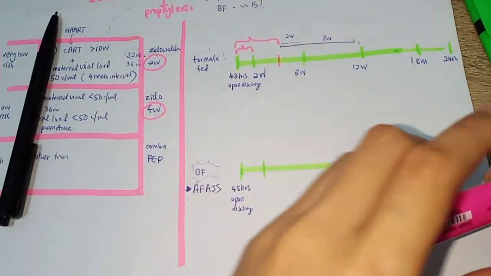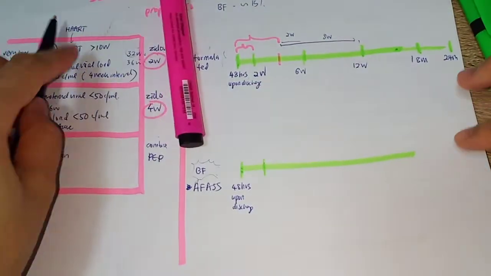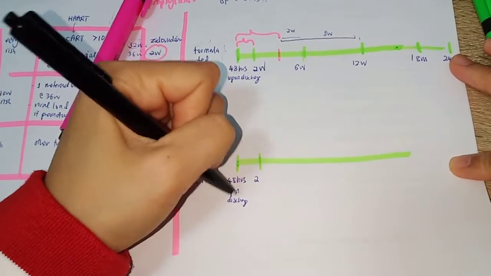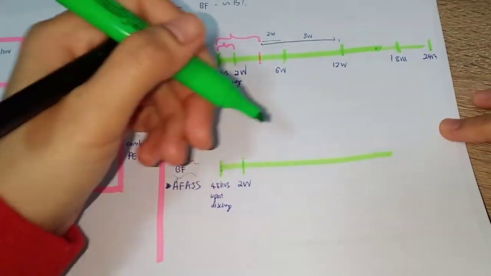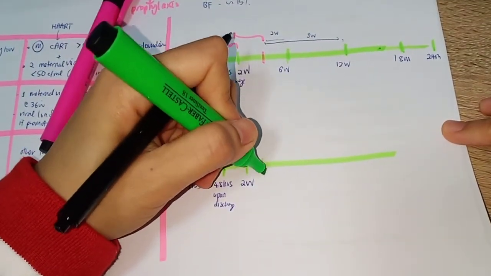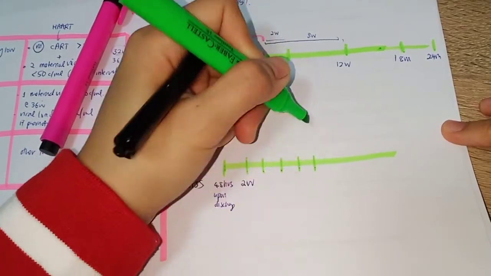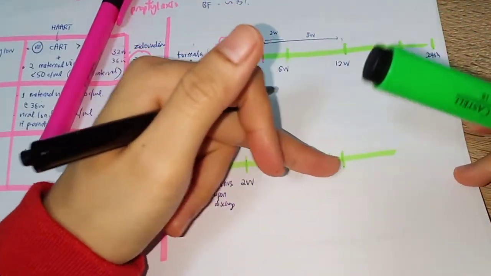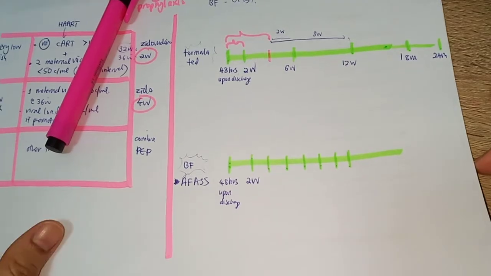While for the infant on breastfeeding, we advocate the same 48 hours and upon discharge, 2 weeks, and then each month. So 2 weeks is half a month, then 1 month, 2 months, 3 months, 4th month, 5th month, and 6th month, because breastfeeding is usually up to 6 months until the baby starts to wean down.